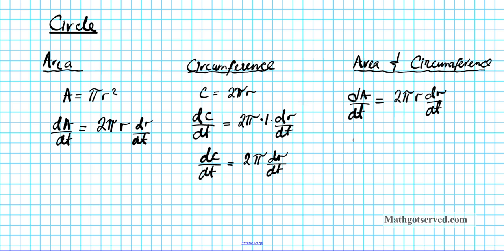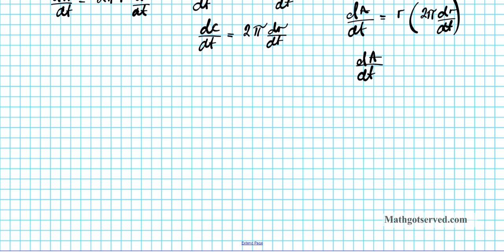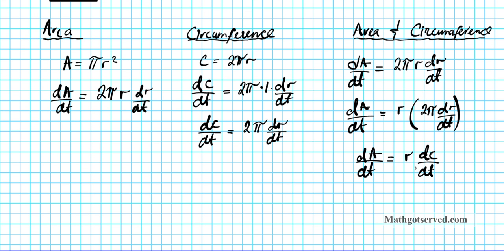And if we move things around, dA/dt is equal to r times (2 pi dr/dt). Now what can we replace this with? This is the same thing as dC/dt. So dA/dt is related to the change in circumference, sorry. So dA/dt is equal to r dC/dt. So this formula relates the area and the circumference together. And this is just pure circumference and this is pure area.